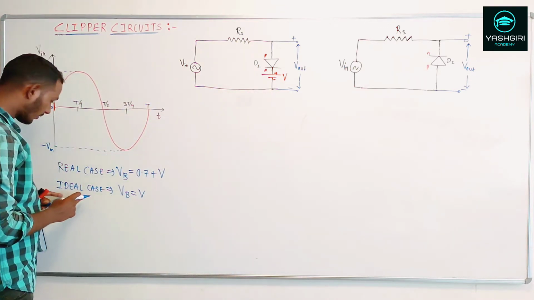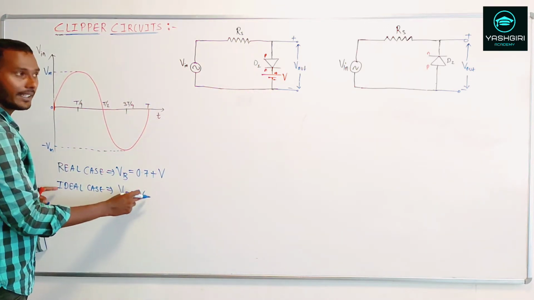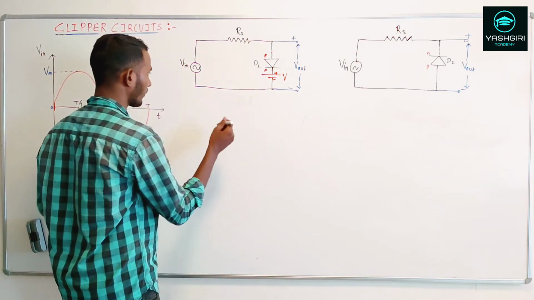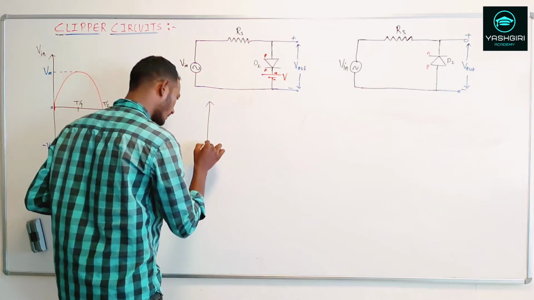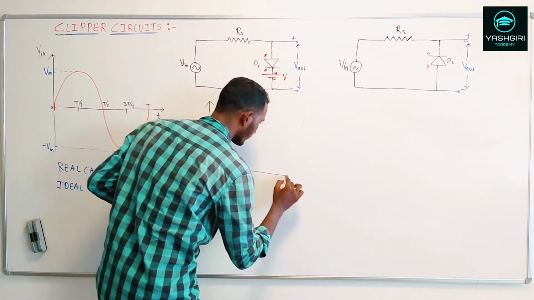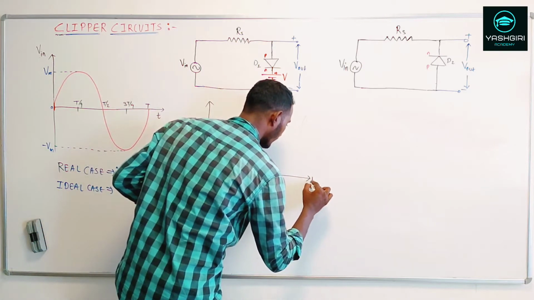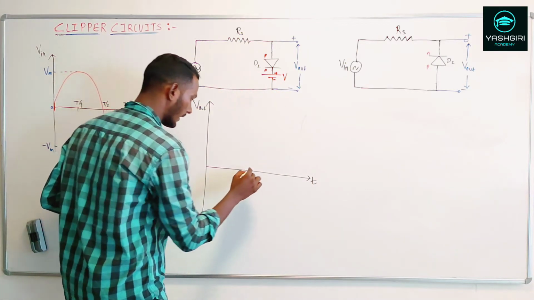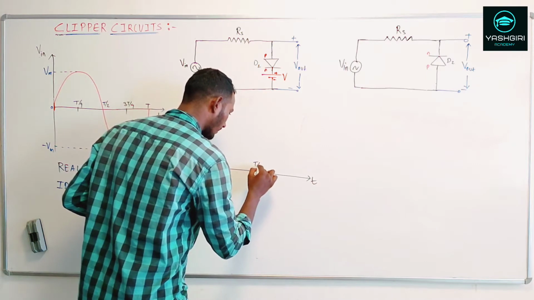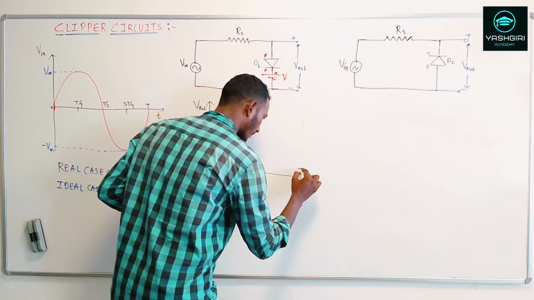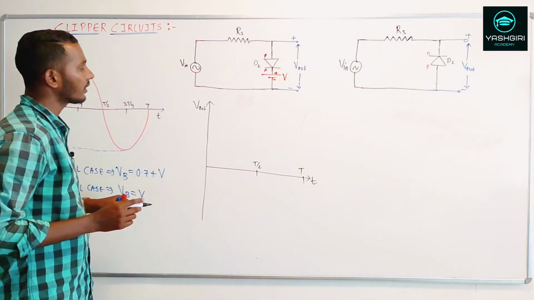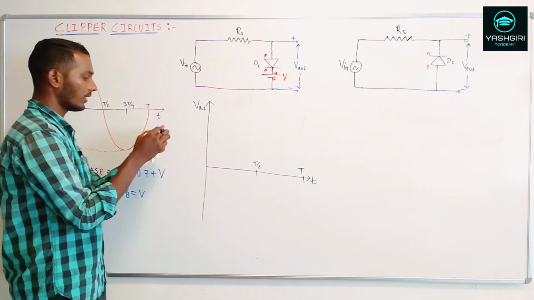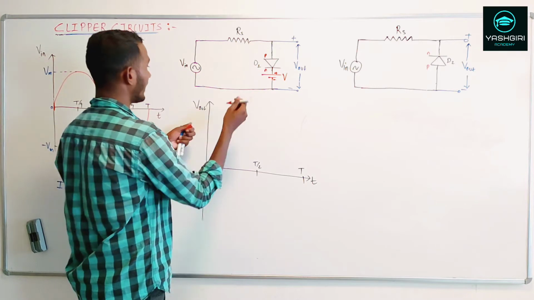So now let's plot the graph for the ideal case. Let's consider this is my V out against time t, with this point at t by 2 and this one at capital T. Now if you give the positive half cycle, the polarity will be plus and minus.